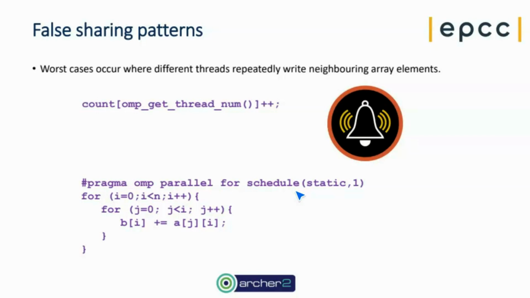The worst cases will happen where we have different threads repeatedly writing neighboring array elements. That's the situation where the alarm bell should ring if you ever find yourself writing code like that.